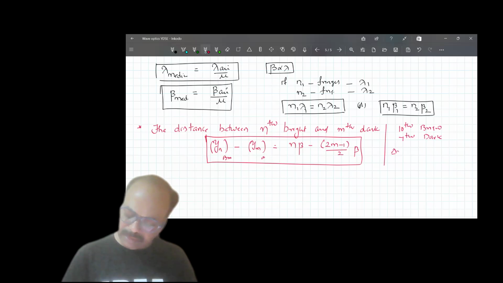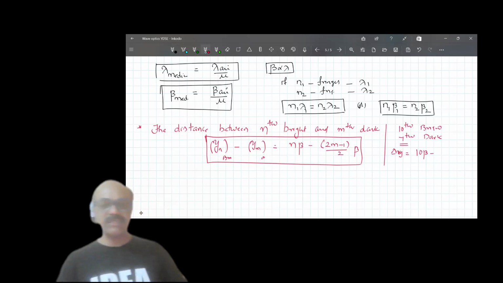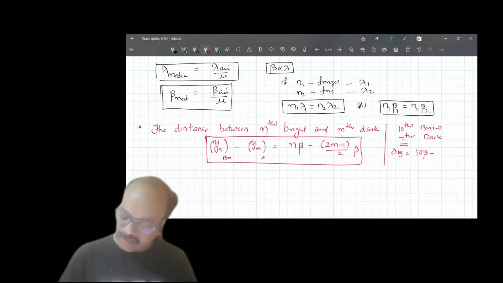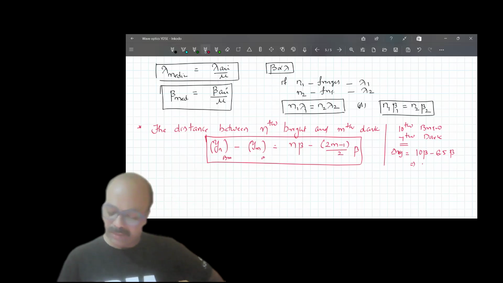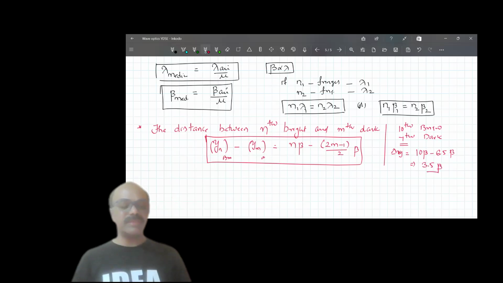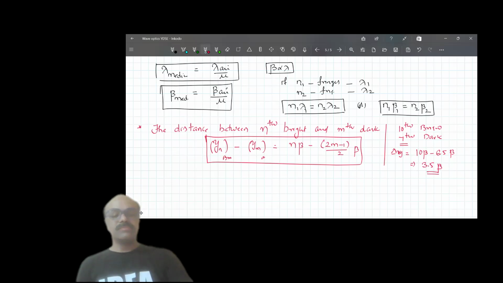Then delta y is equal to: 10th bright means 10 beta, and 7th dark means the preceding number of the 7 is 6, so we can write directly 6.5 times beta. 10 minus 6.5, it is 3.5 times beta that will come. This is the way we can solve the problems here.